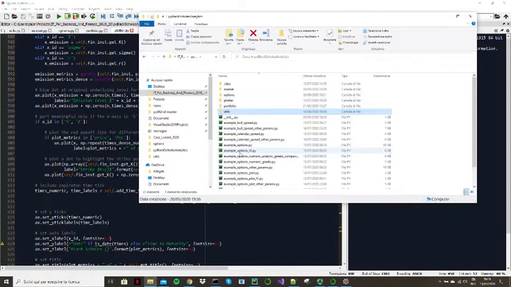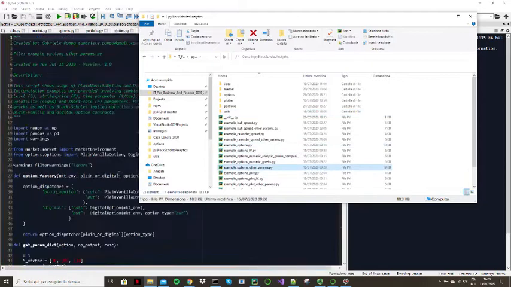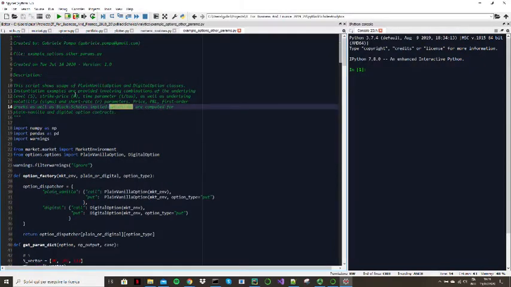For example, let's take a look directly at the example options to parameters. This script shows the usage of plain vanilla and digital option classes involving a combination of all the parameters that we have in the pricing function, and for each of these combinations we will compute the price, the PNL, first order Greeks, and Black-Scholes implied volatility.